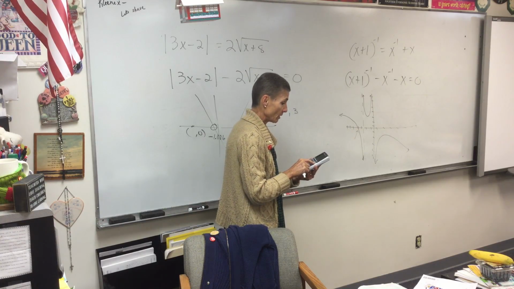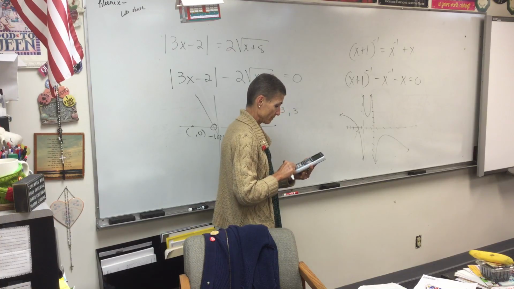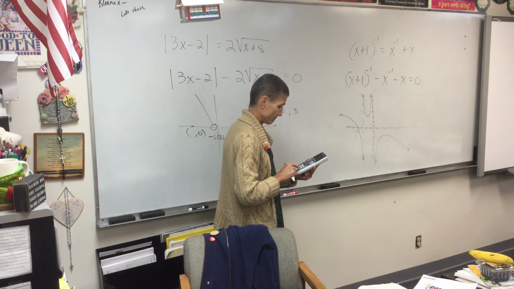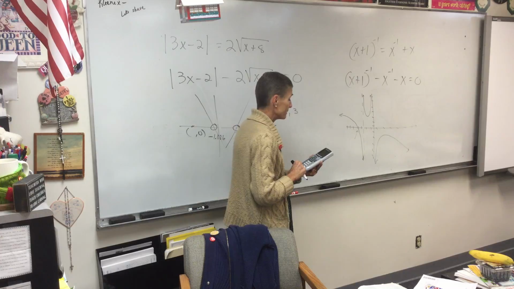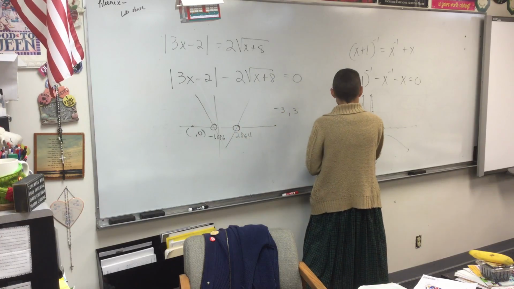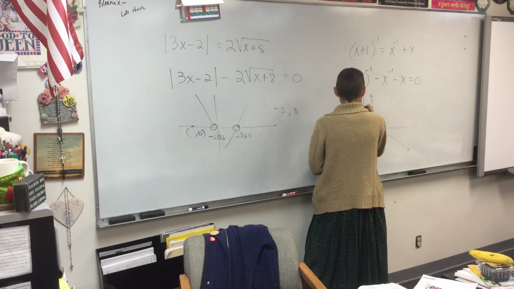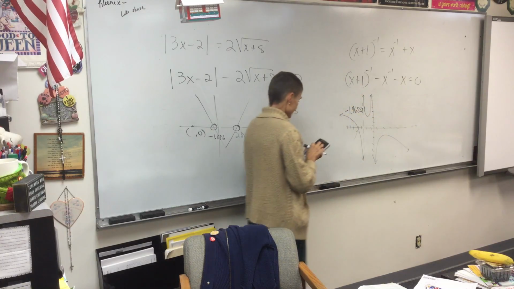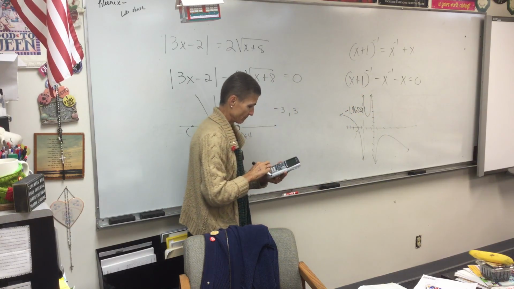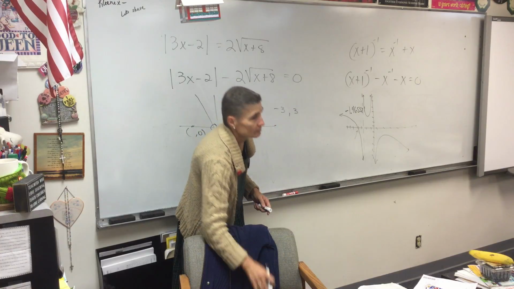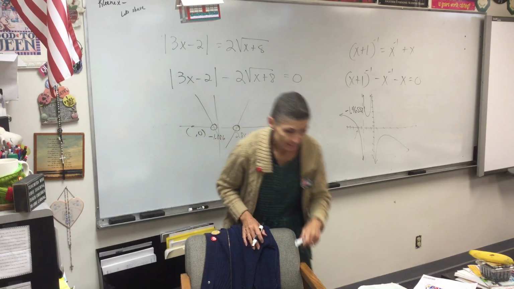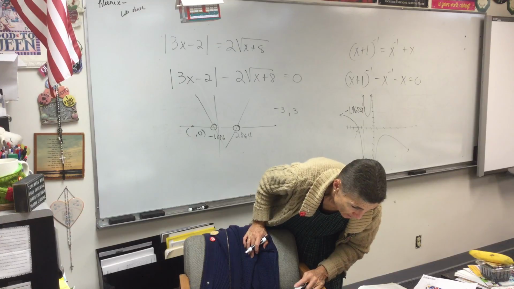It'll follow the curve. Negative 1.465. Negative 1.465571, if we take a lot of decimal places. Easy. You guys got that.